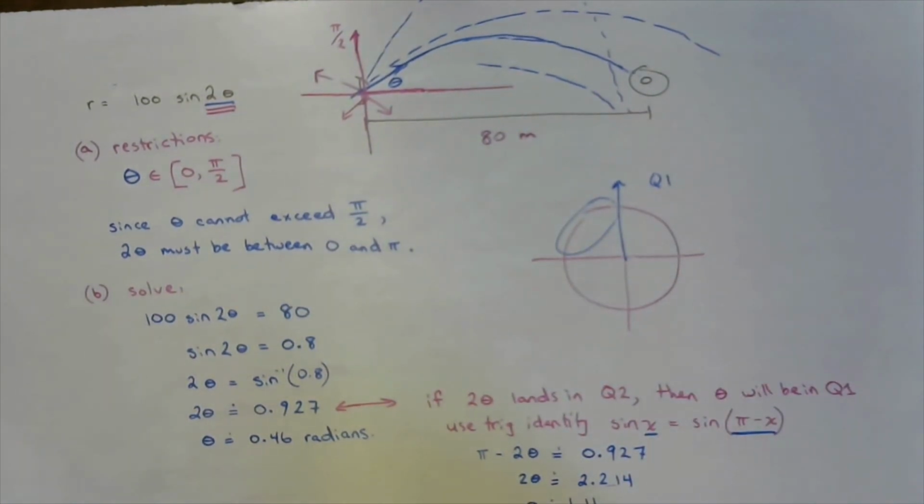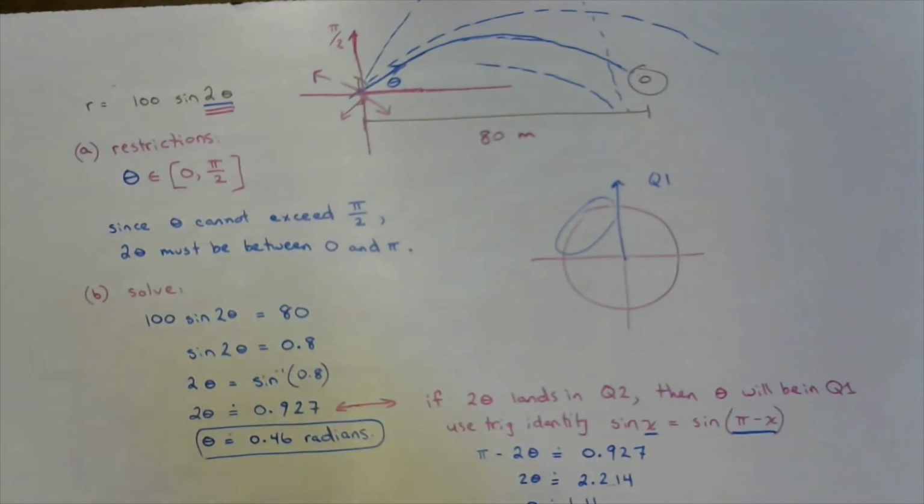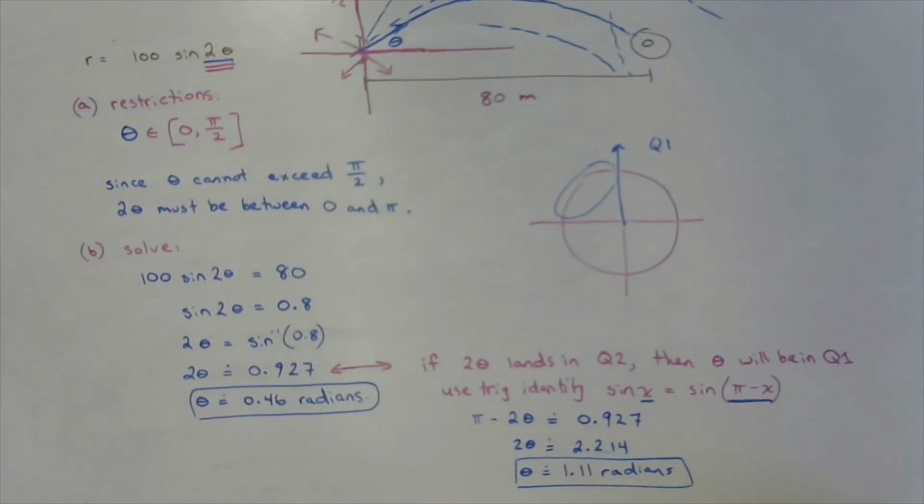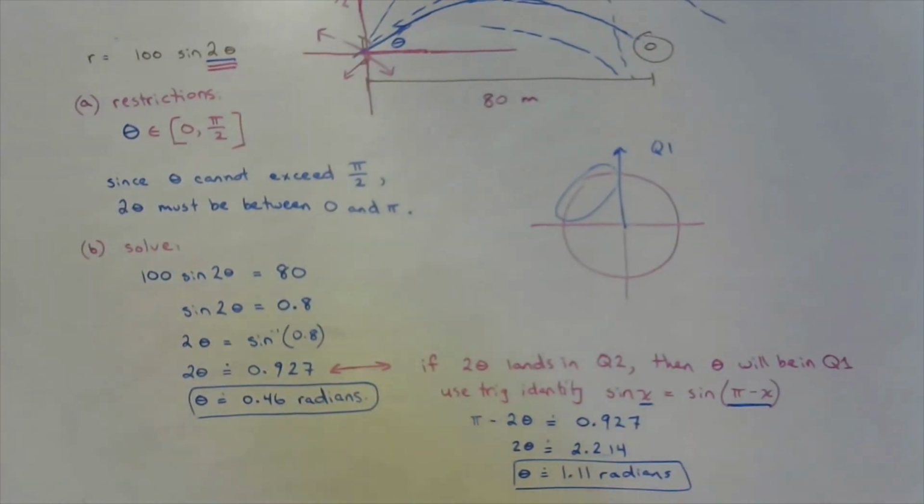So we end up with 2 solutions. They are 0.46 radians and 1.11 radians. And again, this second solution came from the trig identity, where the sine of x equals the sine of pi minus x, which means that x equals pi minus x.